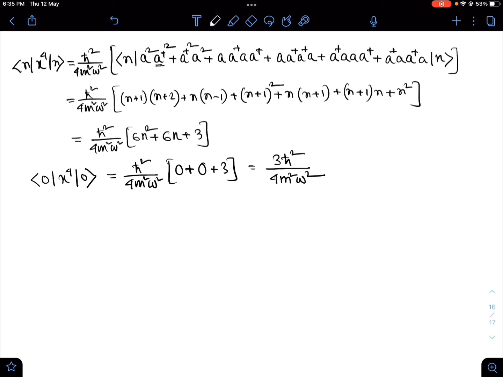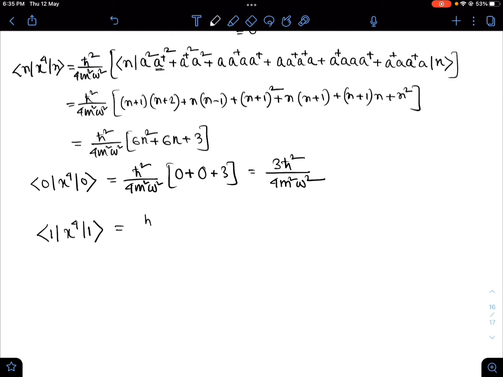And similarly for the first excited state, n will be 1, so 6 plus 3, so it will be 15 h cut square by 4 m square omega square.